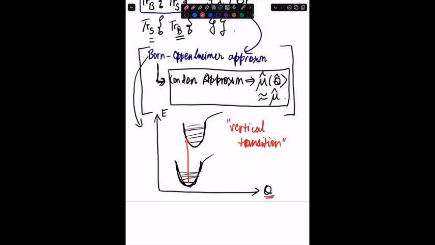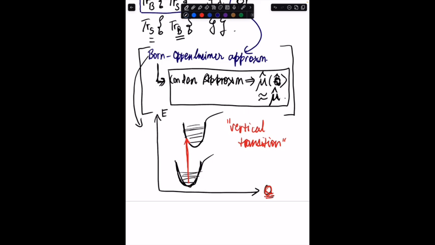Because your coordinate does not change when you have this specific transition, it would be a vertical transition. And what that would also imply is your dipole operator here, which we are considering, would not depend on this path coordinate q. The dipole operator is only a function of your ground and excited electronic state.